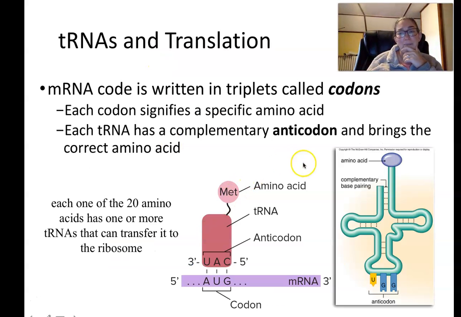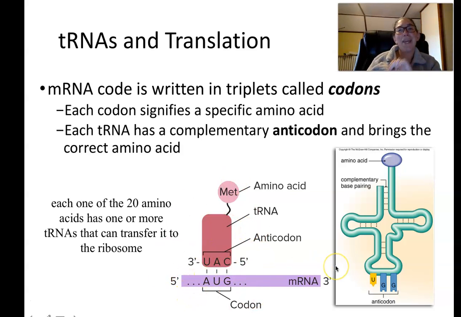So the mRNAs have sequences of nucleotides, so they have A's, U's, G's, and C's, and they are read 3 letters at a time. So a 3-letter sequence on the mRNA is called a codon, just like you might say a 5-letter sequence of the English alphabet is a word. Okay, so a codon is like a word.